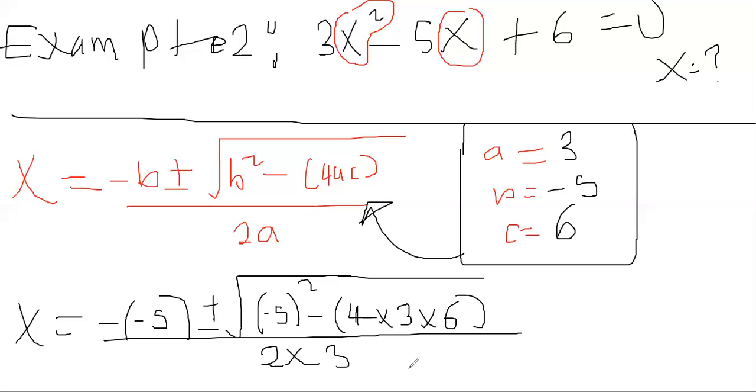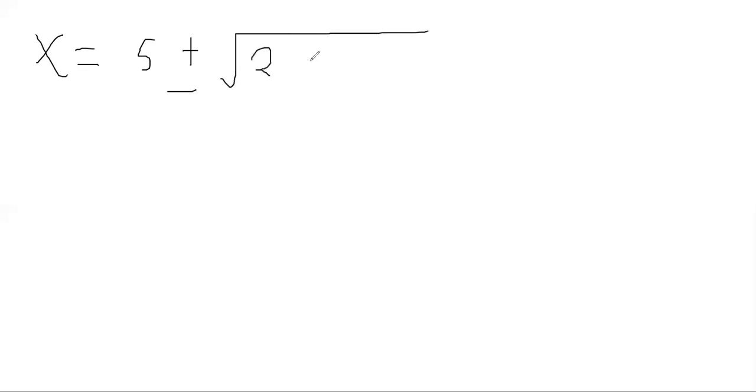So once we do this, let's go to the next slide before the time goes off. It will give us something like this: 5 plus or minus the square root of, let's be quick in taking the notes, we have only 2 minutes before it goes off, 25 minus 72, all over 6.